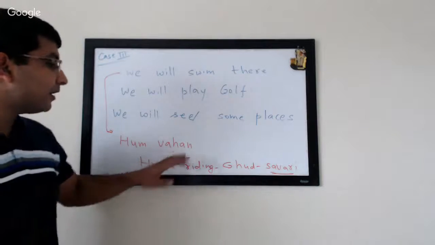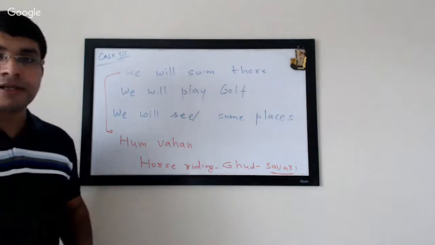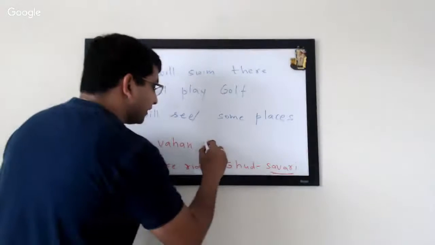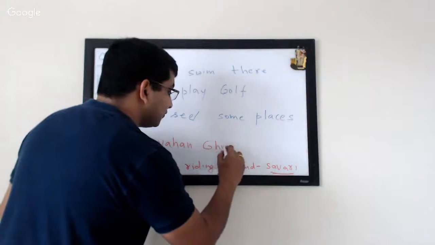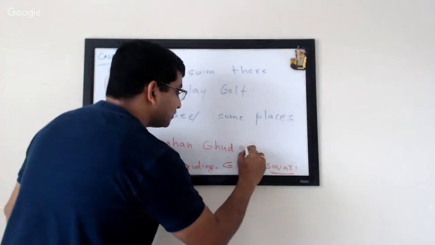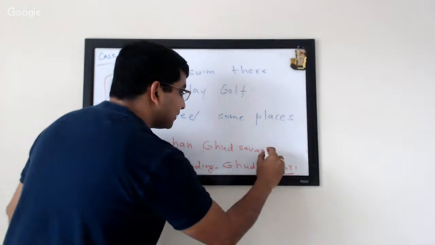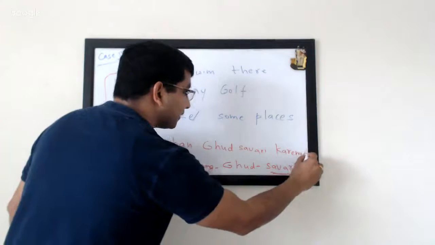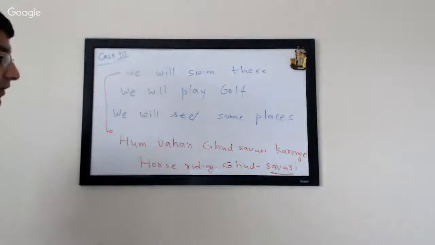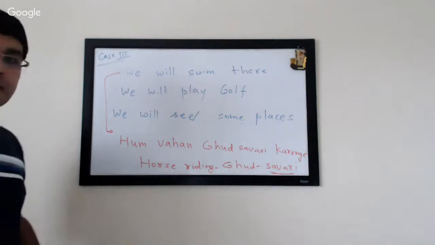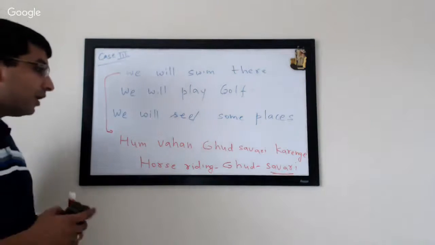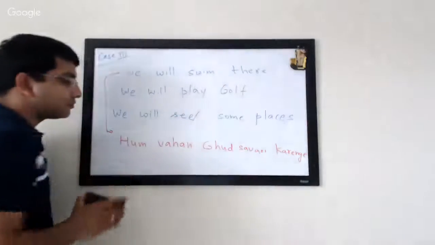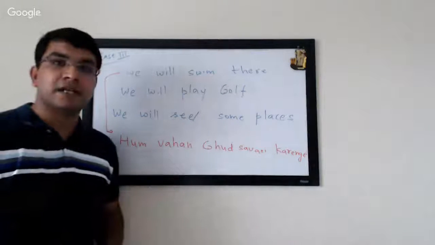So you can say हम वहाँ गुड़ सवारी करेंगे. Let me write it down first. हम वहाँ गुड़ सवारी करेंगे. Or if you find it difficult, you can say हम वहाँ घोड़े की सवारी करेंगे. घोड़ा is a horse, की is of, so हम वहाँ घोड़े की सवारी करेंगे.